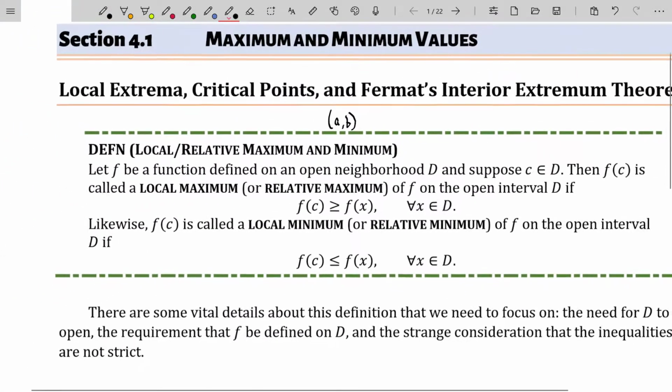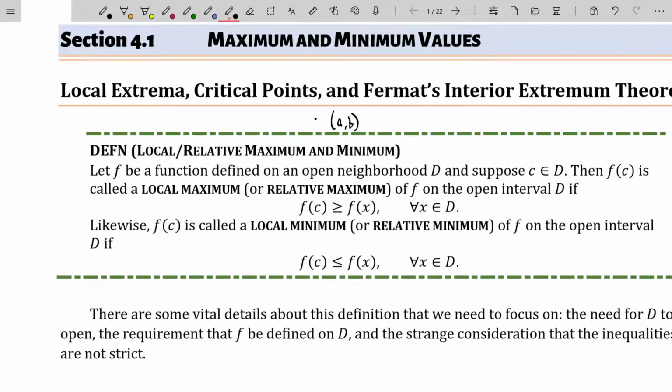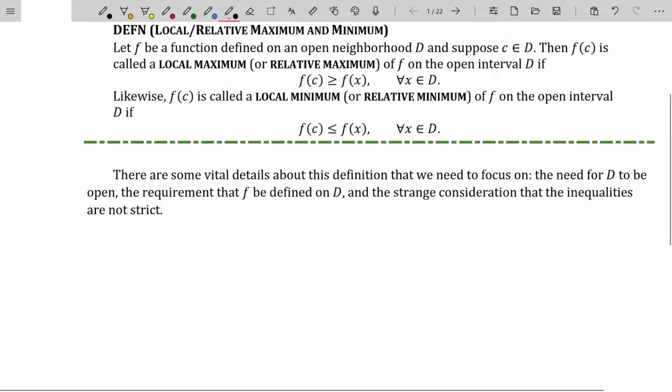And suppose that you have some number c that's in that interval. Then f of c is called a local maximum, or some people call it a relative maximum, of your function f on the interval D if f of c is greater than or equal to f of x for all x in that interval. That is, you have some function value.